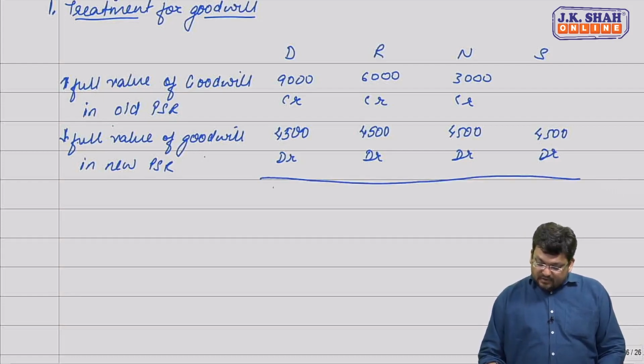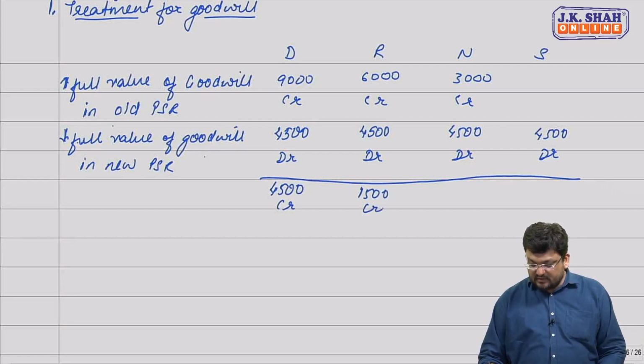So Dinesh's capital should be credited with 4,500. Ramesh will be credited with 1,500. Naresh's capital will be debited with 1,500, and Suresh's capital also will be debited with 4,500.